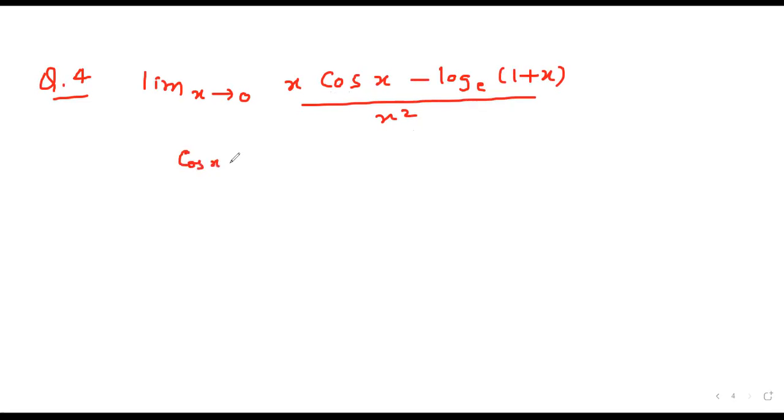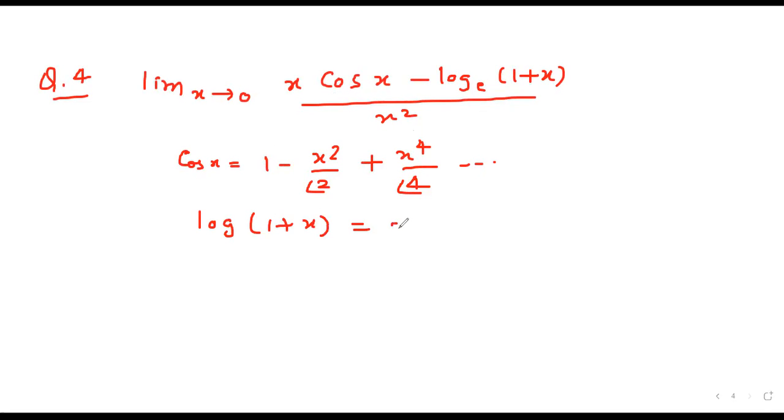So we know that cos x is equal to 1 minus x square upon factorial 2 plus x power 4 upon factorial 4 and so on. And log(1 plus x) gives x minus x square upon 2 plus x cube upon 3 minus x power 4 upon 4 and so on.